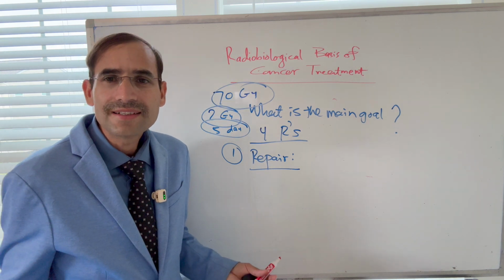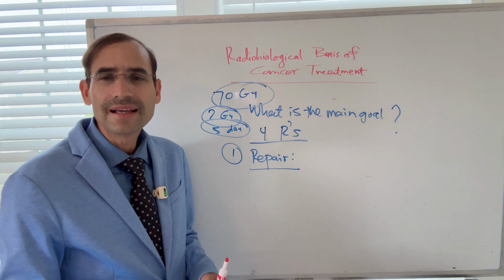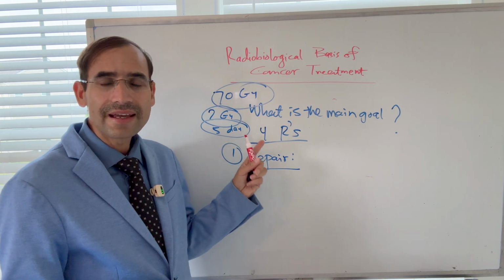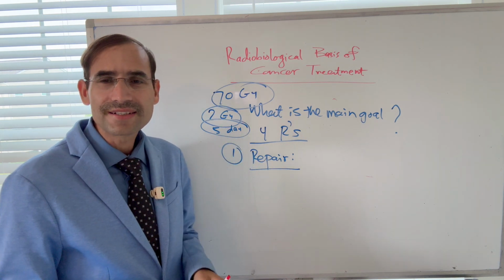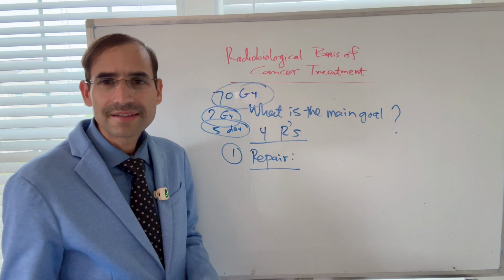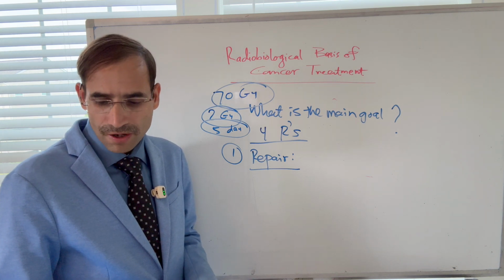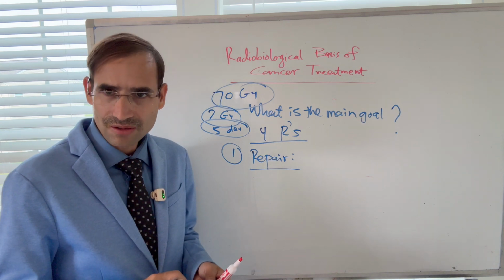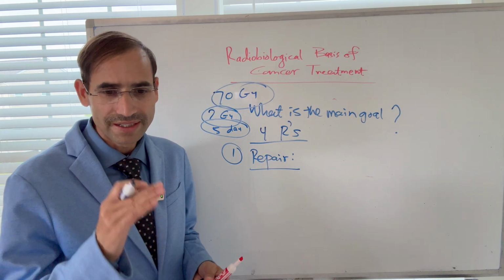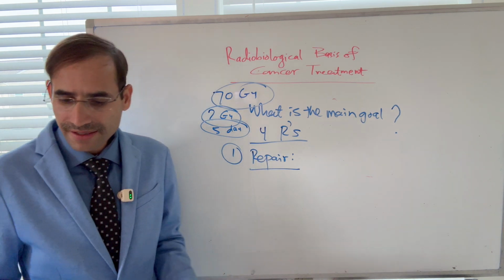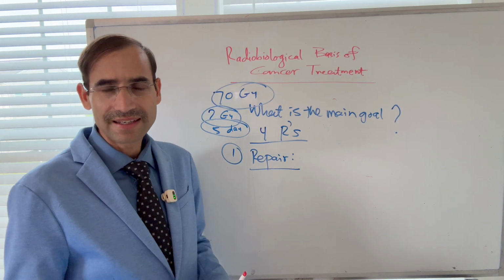If you fractionate the 70 gray into 2 gray each day, it helps repair the healthy cell DNA, but at the same time, each day you are hitting the tumor with radiation, and that tumor DNA cannot repair. So repair is the first thing a radiation oncologist thinks about when using radiation. Normal cells can repair the damage, cancer cells often can't.